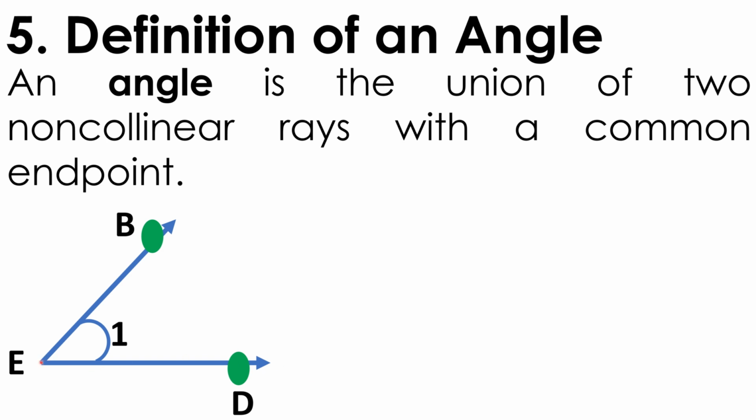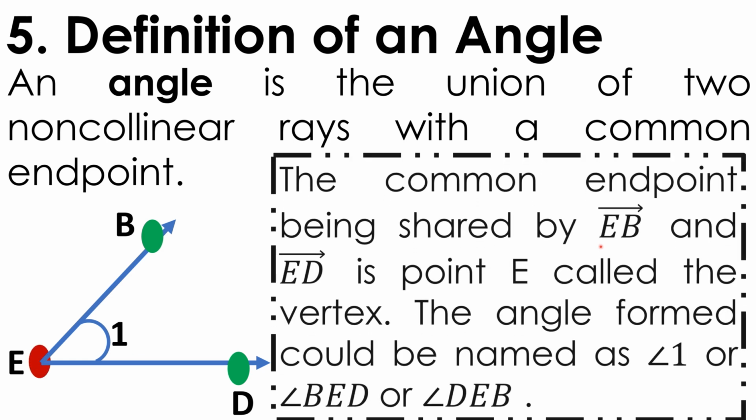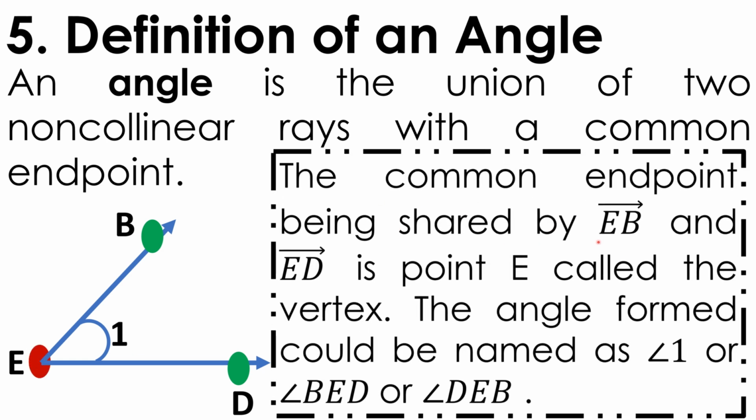The common endpoint is point E. So the common endpoint being shared by ray EB and ray ED is point E, and this is what we call the vertex. The angle formed could be named as angle 1 because we did put a number here, which is 1, or angle BED or angle DEB.